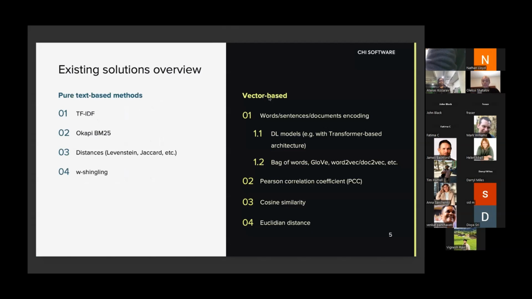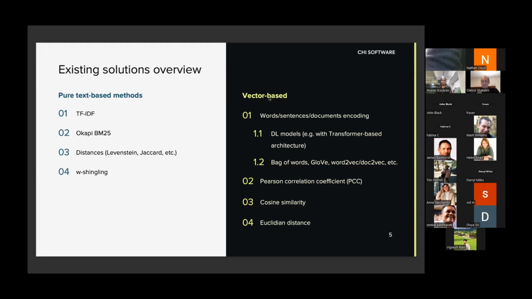We already have several methods and technologies that we can apply during our work and developing our system. For the pure text-based methods, TF-IDF and BM25. On top of TF-IDF, different distances, and W-shingling.